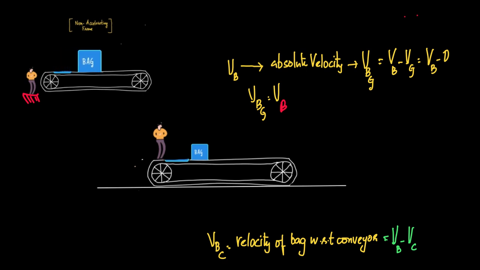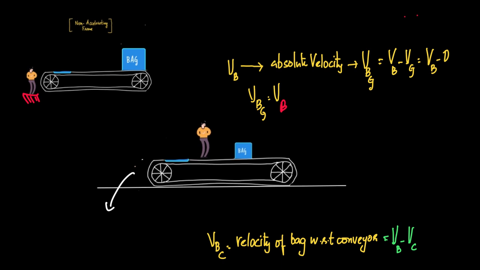Whereas when the observer is on the moving conveyor belt, and he is observing a bag which is also moving on the conveyor belt, where is the man standing? On the conveyor belt. Therefore, what he sees is the velocity of the bag with respect to the conveyor belt, which can be written as velocity of bag minus velocity of conveyor belt. Let me just write it down one more time.